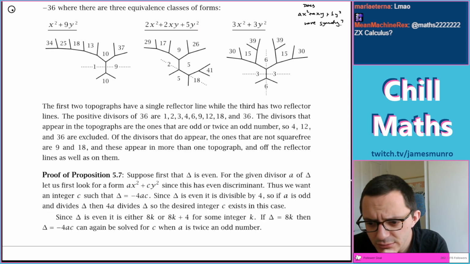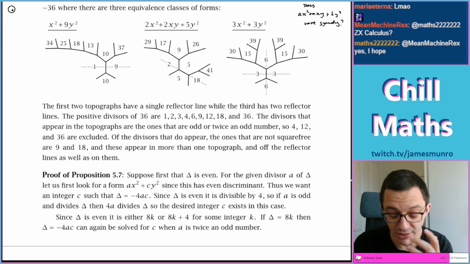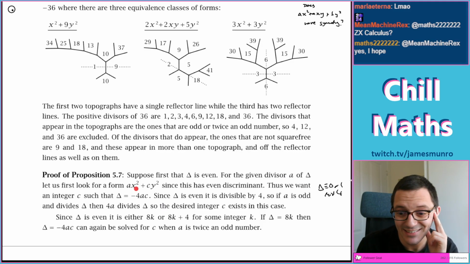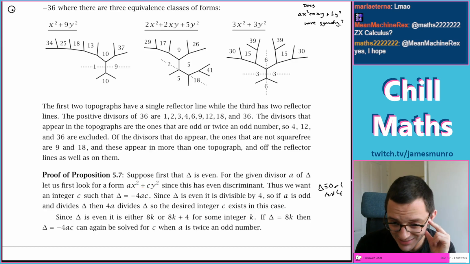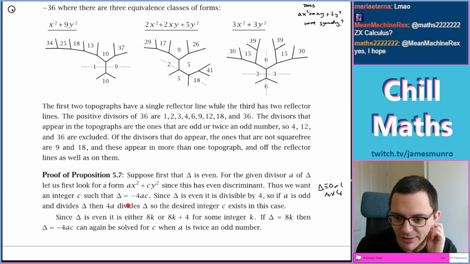We want an integer c such that delta is minus 4ac. And delta is divisible by 4, because delta is either 0 or 1 mod 4. So if it's even, then it's a multiple of 4. So if a is odd and divides delta, then 4 divides delta, because delta's just got this multiple of 4 in it for free that a isn't interfering with.